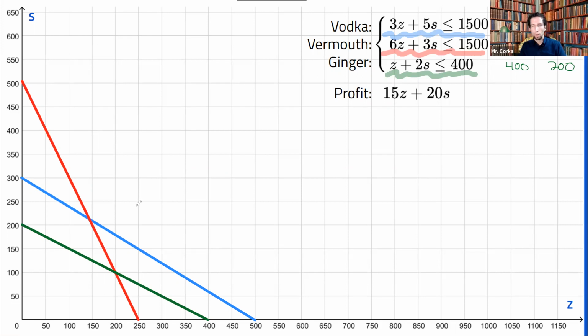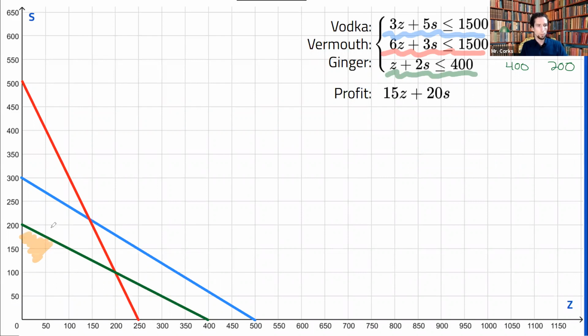Below. We are below, so less than or equal. If we put in a 0, we would get 0 less than or equal to 1,500 and 400. So the origin is included, so that must mean that we are below each of these.